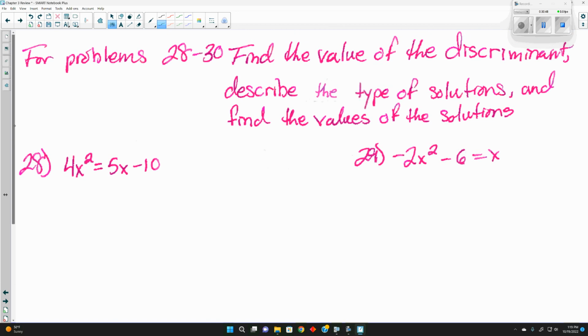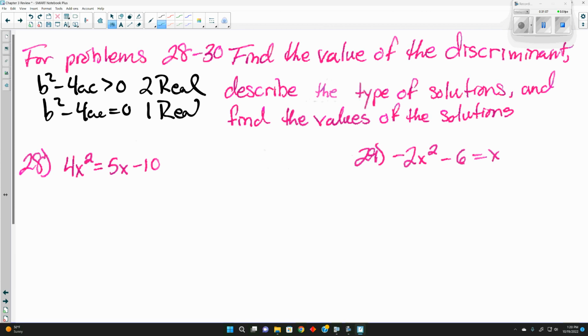28 through 30: find the value of the discriminant, describe the type of solutions, and find the value. So here, b squared minus 4ac. If it's greater than 0, we have two real solutions. If b squared minus 4ac is equal to 0, we have one real solution.